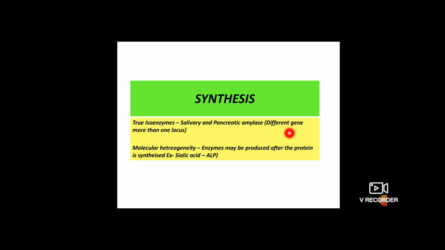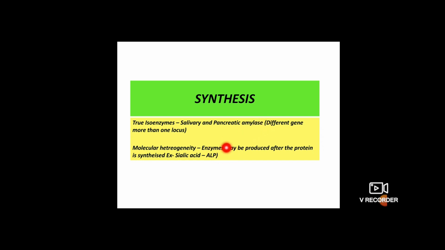They are located in different genes and have more than one locus. Translation takes place in the cytoplasm, and there the protein is transported to the site where it is going to act, from one place to another via the transporter, blood. So these enzymes can be synthesized with the help of the gene which is located in a different locus. So this is the simple type.